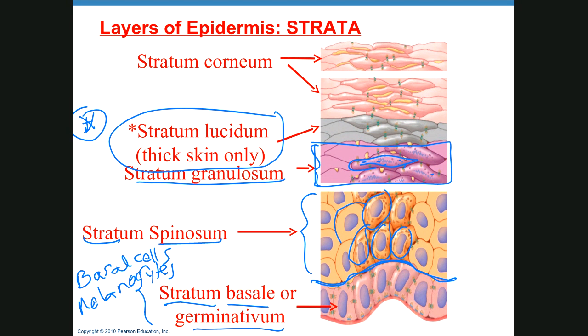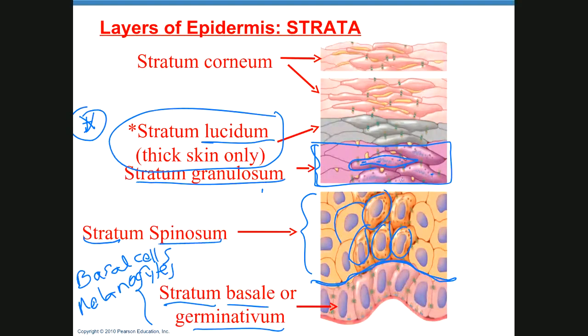The stratum lucidum is the first layer of dead cells, and lucidum means clear because these cells are going to look like clear cells. The whole strata will look like a clearing that all of a sudden can be seen above the stratum granulosum. After the stratum lucidum, there is a layer of dead cells, the stratum corneum.